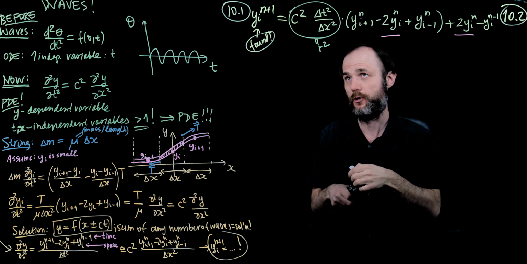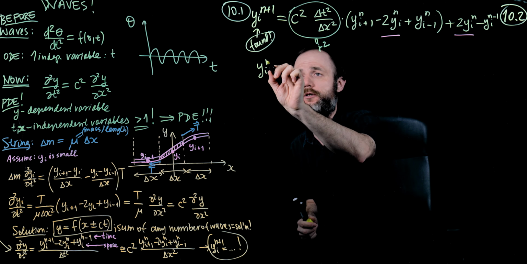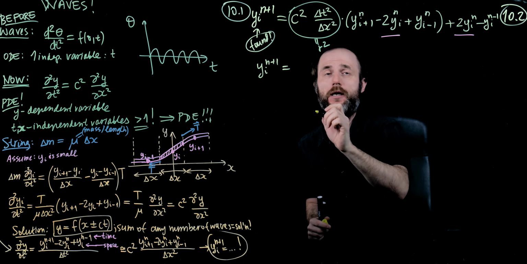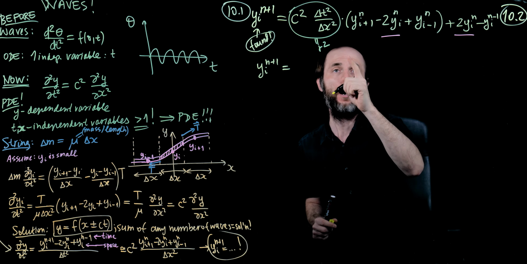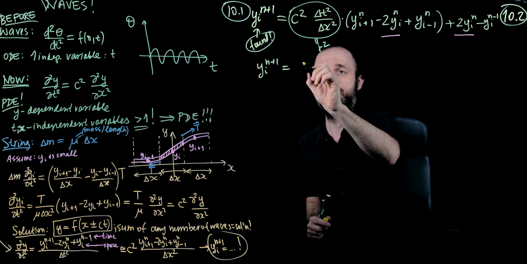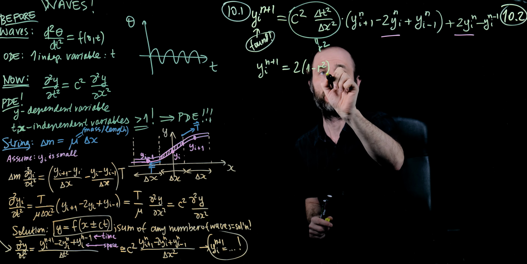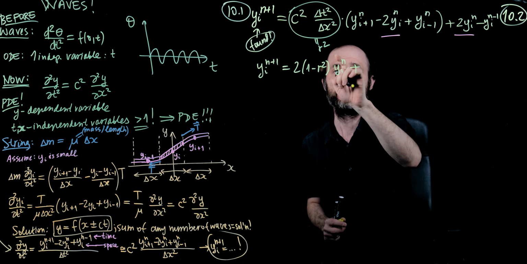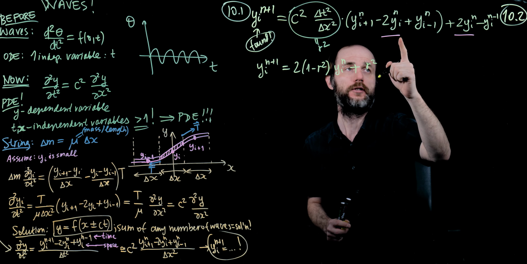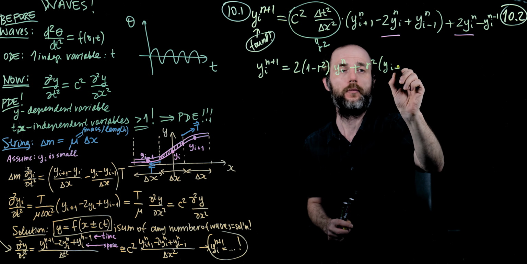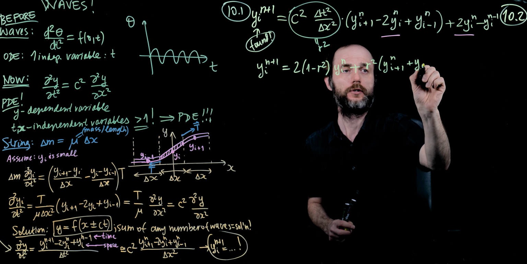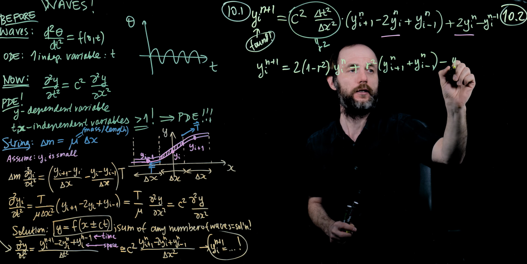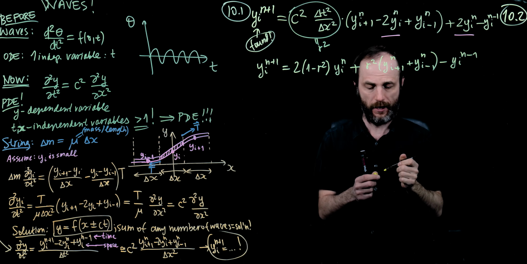And what we're going to write down as a result is that the solution at the current point in the next time, y_i^{n+1}, is equal to 2 times (1 minus r squared) times y_i^n plus r squared times (y_{i+1}^n plus y_{i-1}^n) minus y_i^{n-1}.